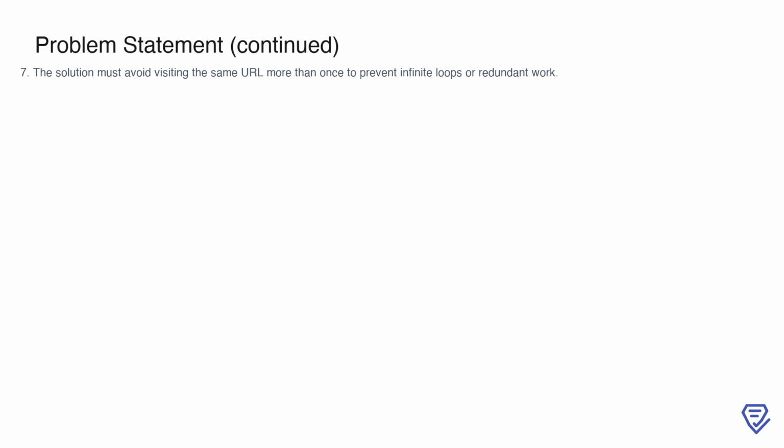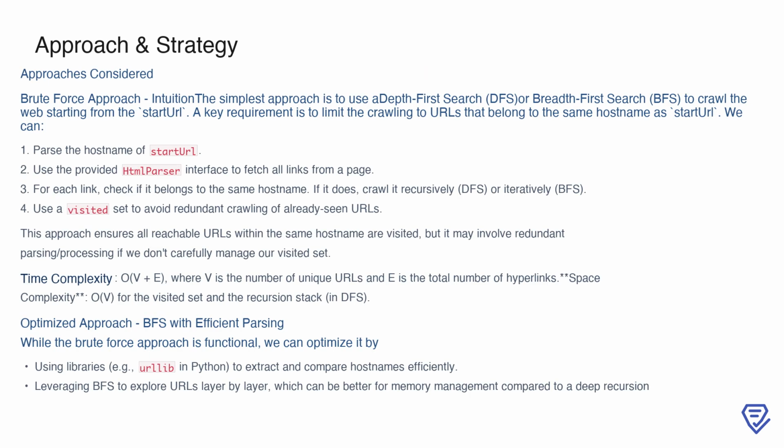the crawler operates efficiently. To solve the web crawler problem, we can start by considering a brute force approach using either depth-first search (DFS) or breadth first search, BFS. The key idea here is that the web can be represented as a graph where web pages are nodes and hyperlinks are edges. Starting from the start URL, the goal is to crawl all URLs that belong to the same hostname, which means we need to restrict our traversal to only those links that share the same domain as the start URL.